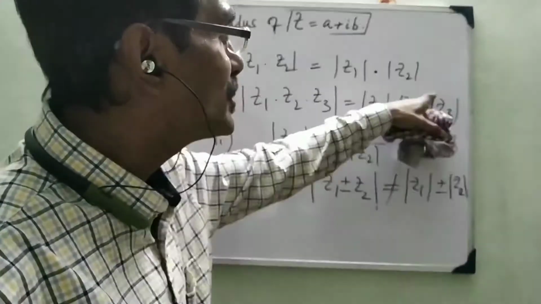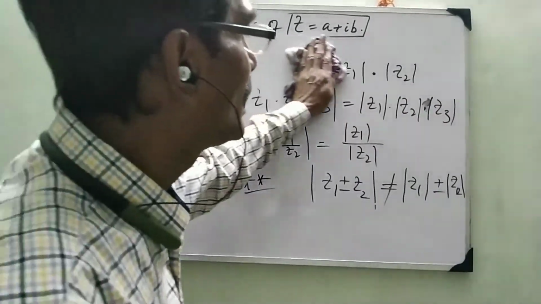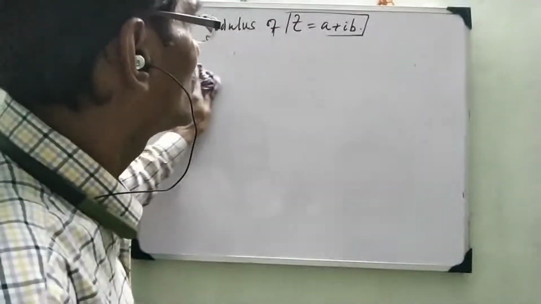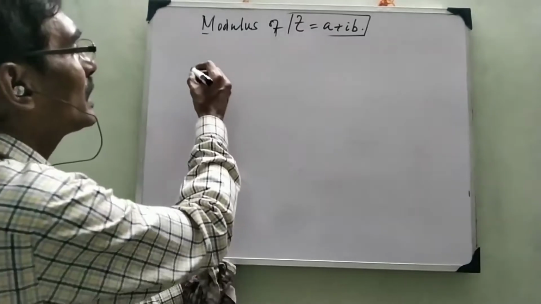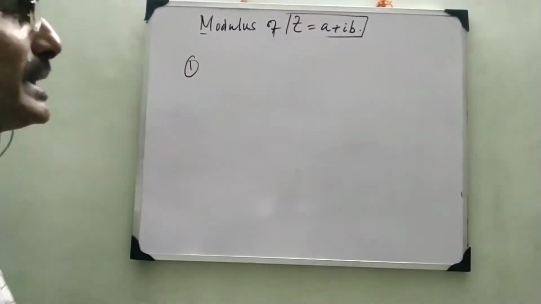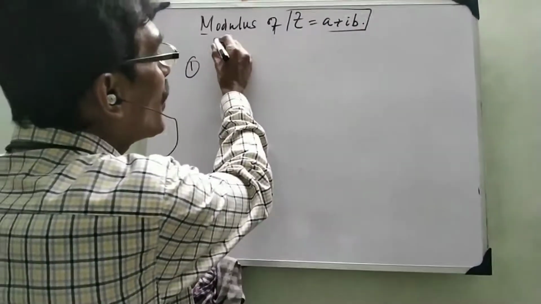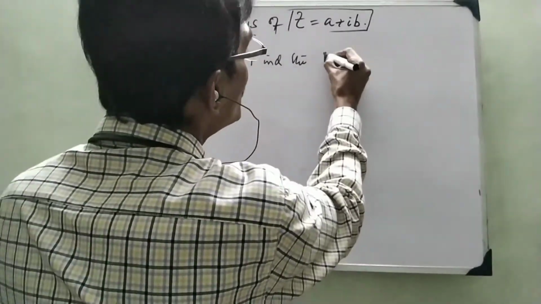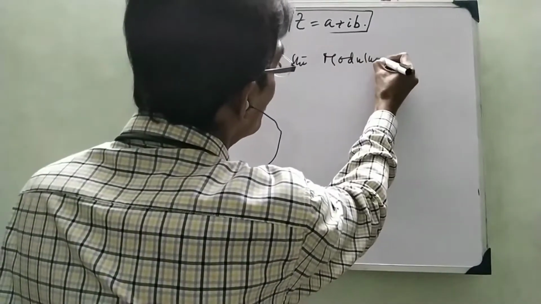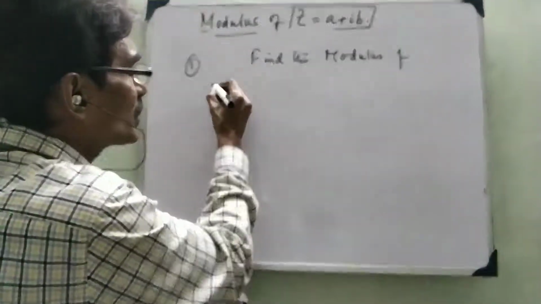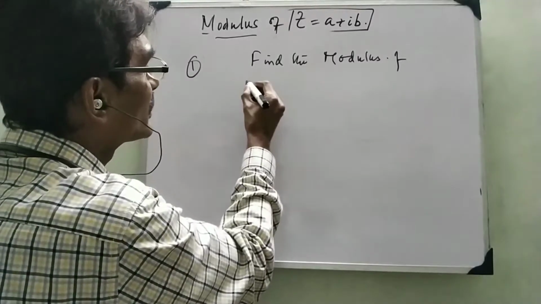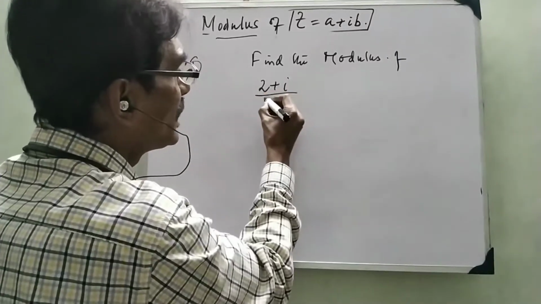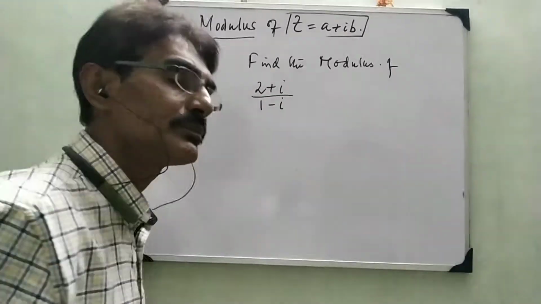Now where we will use it? Very interesting example. First we are going to consider, just follow the sum. We can do the sum by two methods. So a question is given, find the modulus of, say our question is given, 2 plus i by 1 minus i.